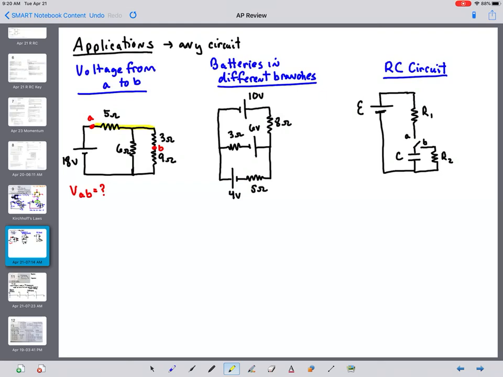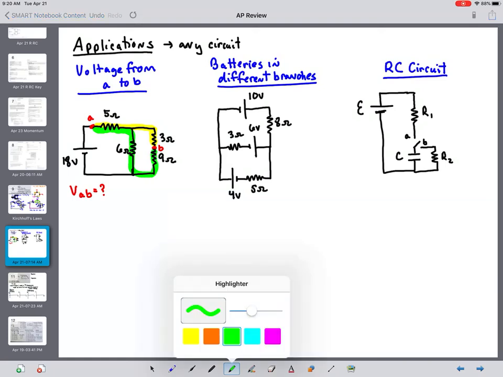I could go across here and down. I'm going to make that a little bigger so we can see it. So I could go across there and down. I could also go across here and down and back up.